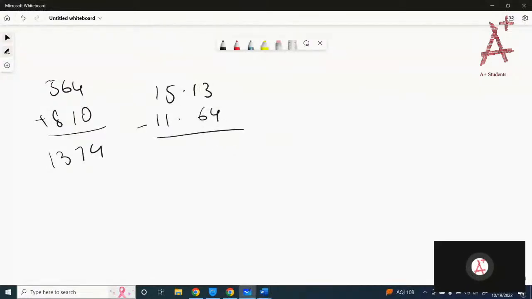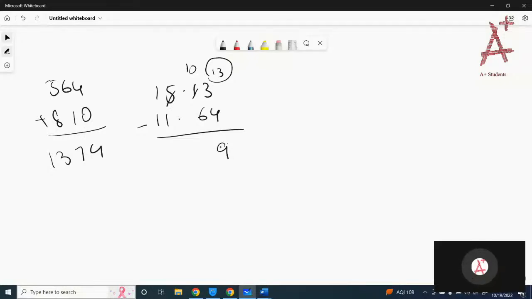So start subtracting from the rightmost digit. It would be 3 and 4. So you cannot subtract 4 out of 3. So you need to borrow 1. It would be now 13. 13 subtract 4 is 9. You cannot subtract 6 out of 0.